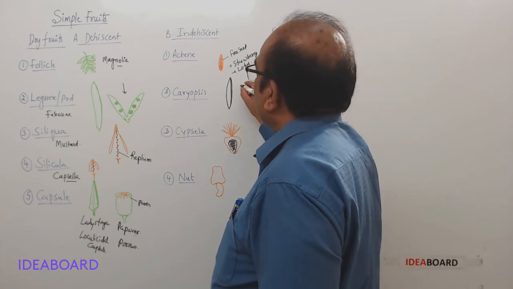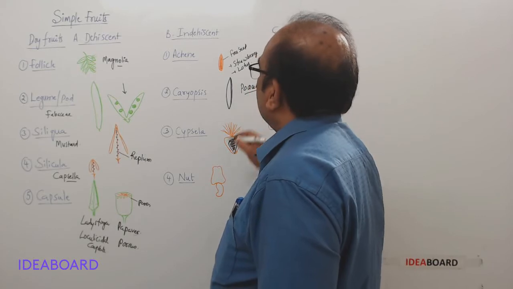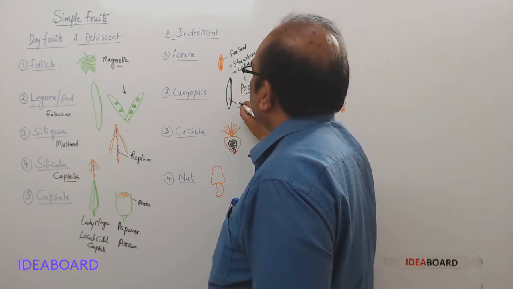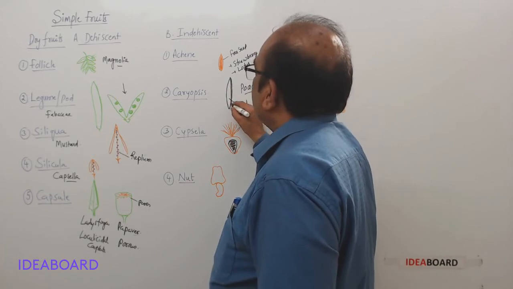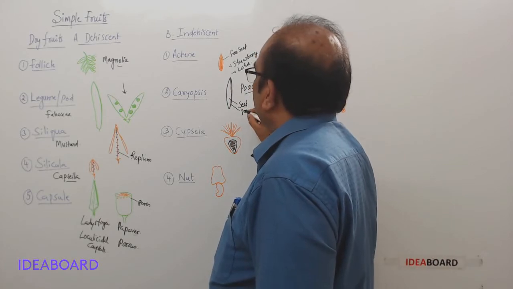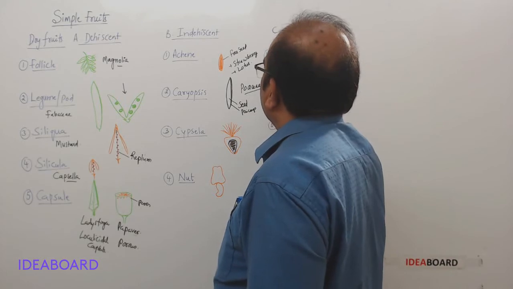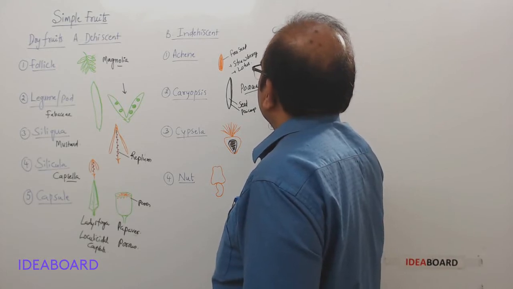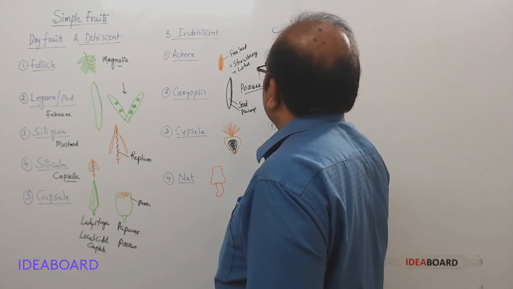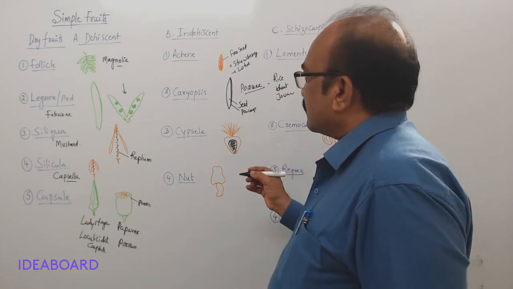And caryopsis is the characteristic fruit of the family Poaceae. This also looks like achene, but with a difference, that the seed remains attached to the pericarp. Poaceae members like rice, wheat, jowar, bajra, etc. Their fruits are caryopsis.